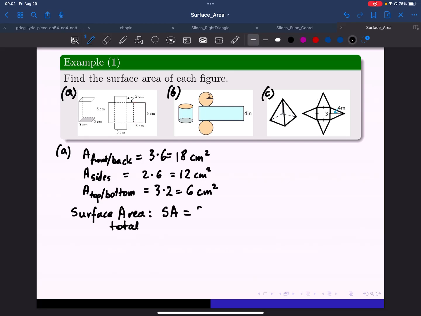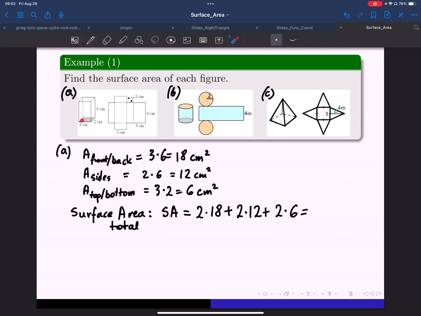So we're gonna have 2 times 18 plus 2 sides. We have also 2 sides. Here is my one side and this side is 12. Here we have another side, also 12. So we need to multiply times 2 times 12 plus the same with the top and bottom, 2 times 6.